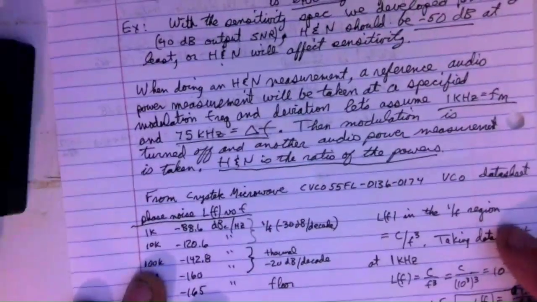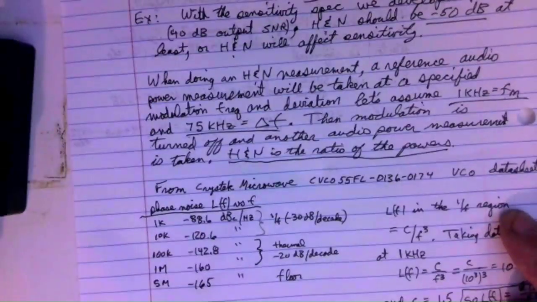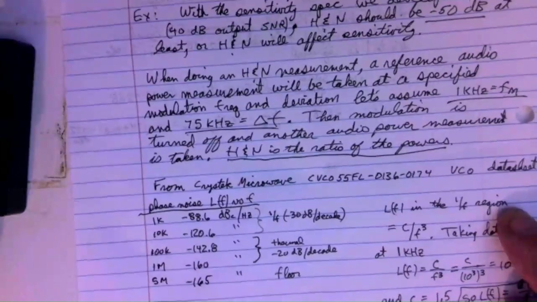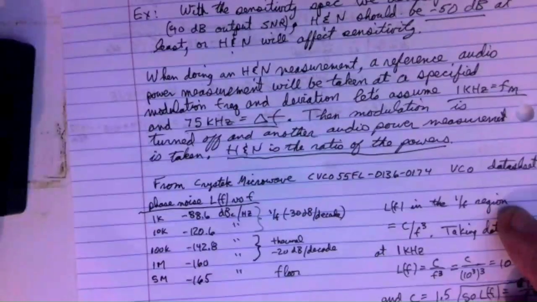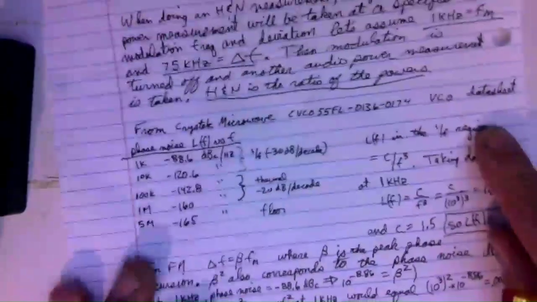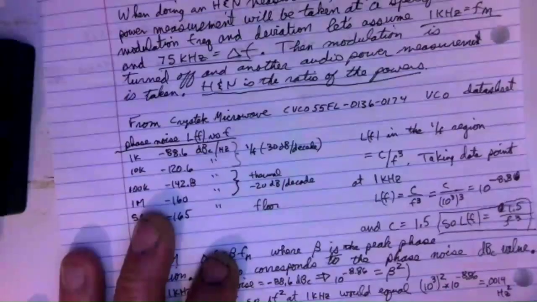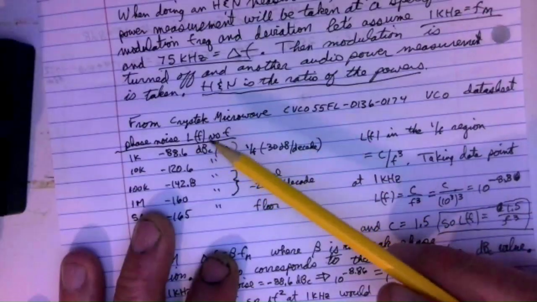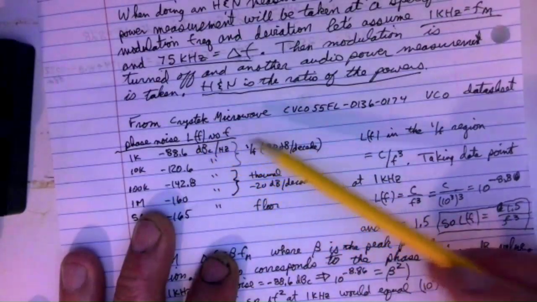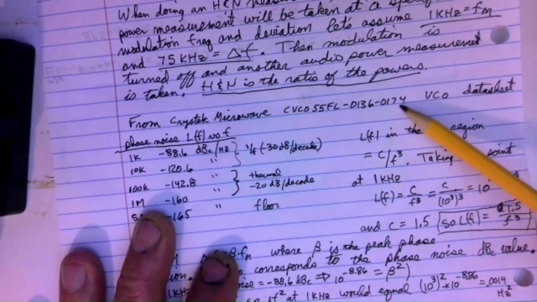And now how would you determine what you might expect for your hum and noise spec? It certainly depends on what kind of receiver you're trying to design and what kind of oscillator you've got. So here I found a Crystalline microwave oscillator, and this one is 136 to 174 megahertz.